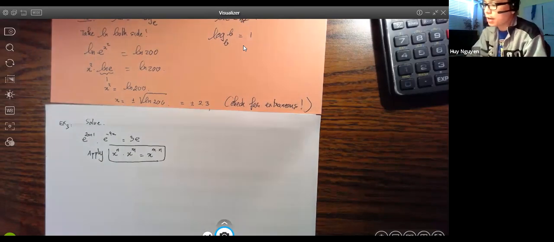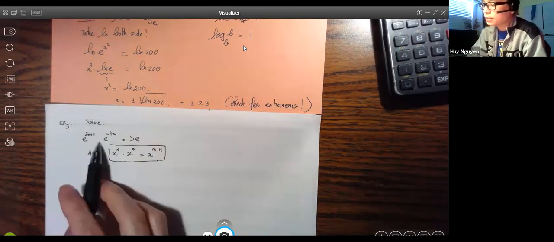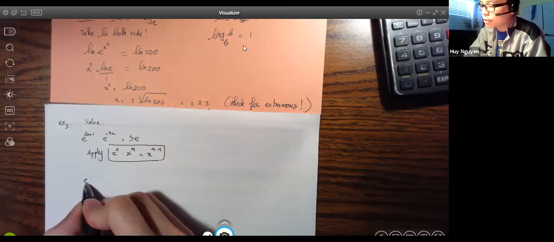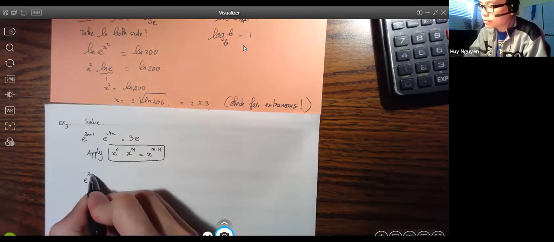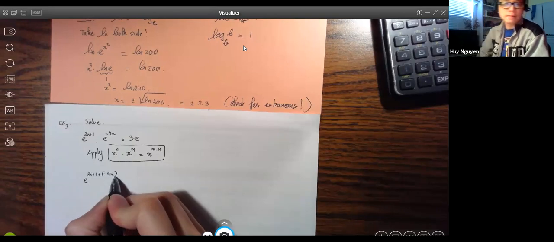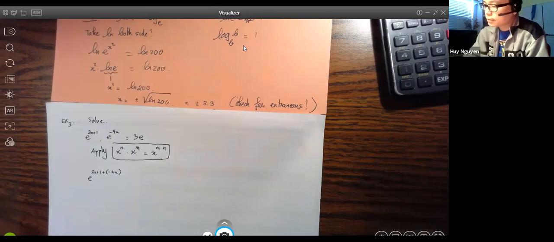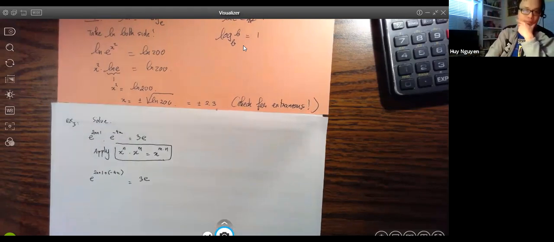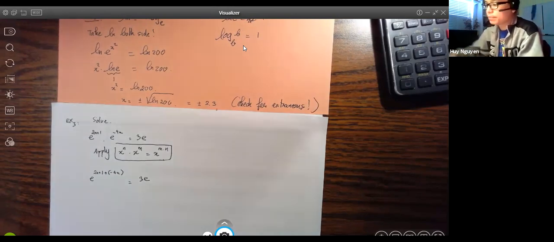So you see on the left-hand side here, it's the same base. It means that I can add the exponents, add them up, equal 3e. I add them up because I'm using this.